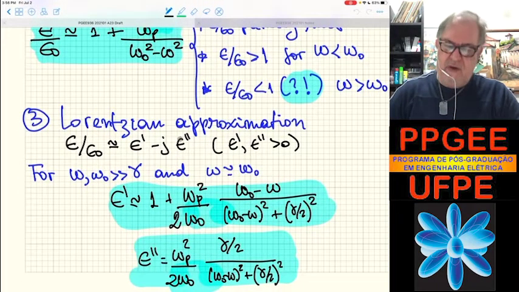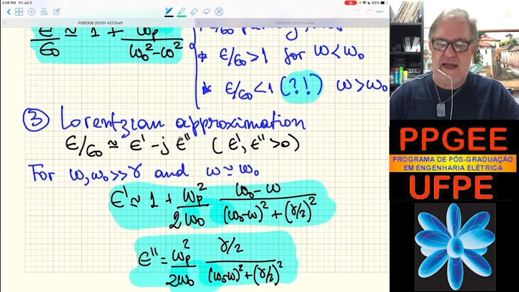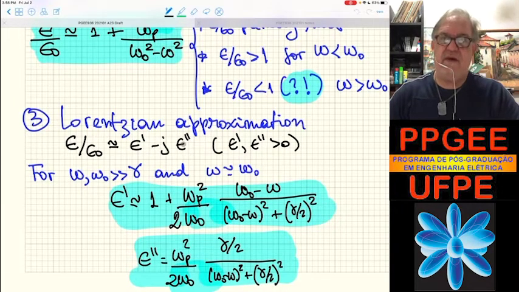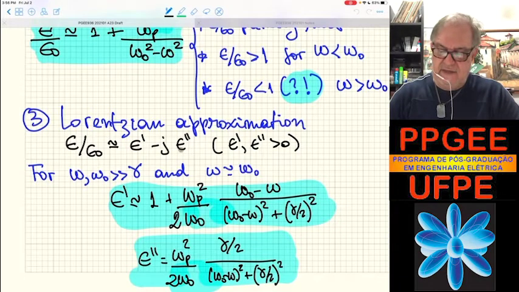We have what is very frequently used, the Lorentzian approximation. Okay. So we're going to define the relative permittivity as having a real part epsilon prime and an imaginary part minus j epsilon double prime. We are going to see that this number here is positive.